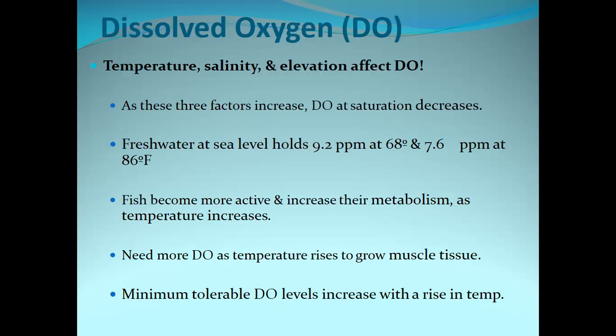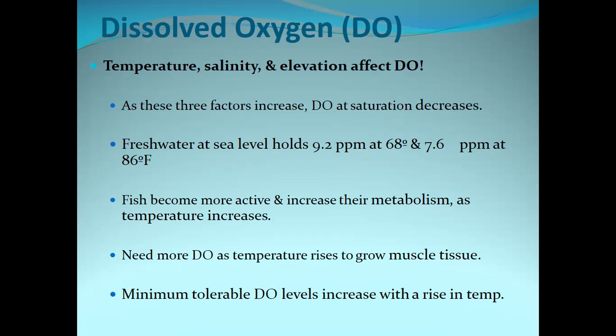Think about fresh water in a river versus the ocean. The ocean has a higher salinity, with sodium chloride dissolved within it. The higher the salinity, the less dissolved oxygen can be retained within that system.